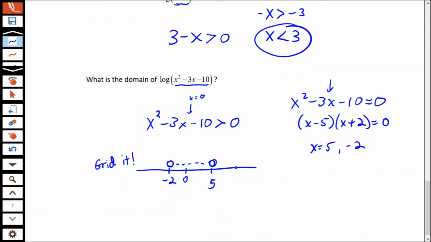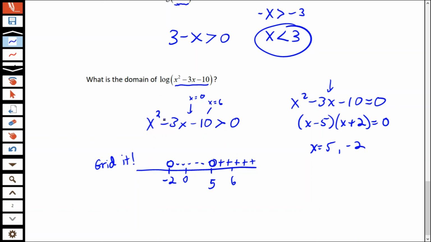If I plug in, let's say 6, I'm going to test 6 in here. That's 36 minus 18 minus 10, so 36 minus 28 is positive. And so I'm going to be positive in this region over here.